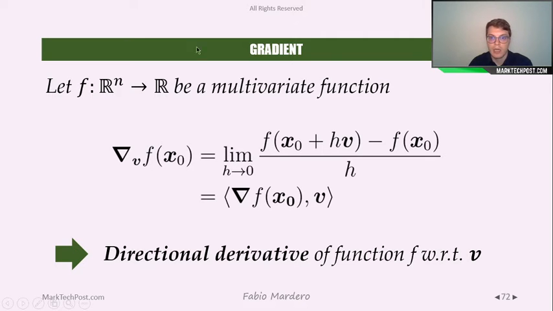So we take a small step with respect to the direction of v. This can be written as the dot product between the gradient and the vector v itself.